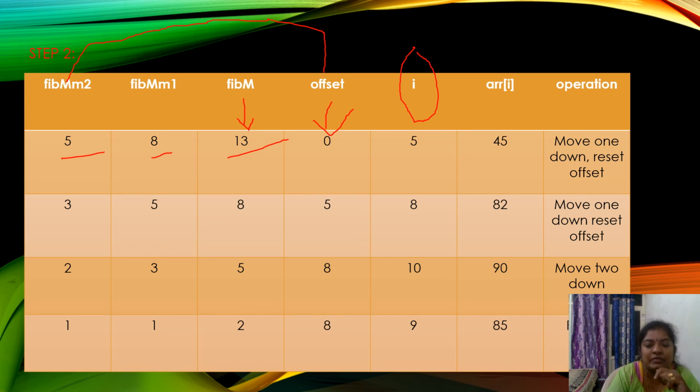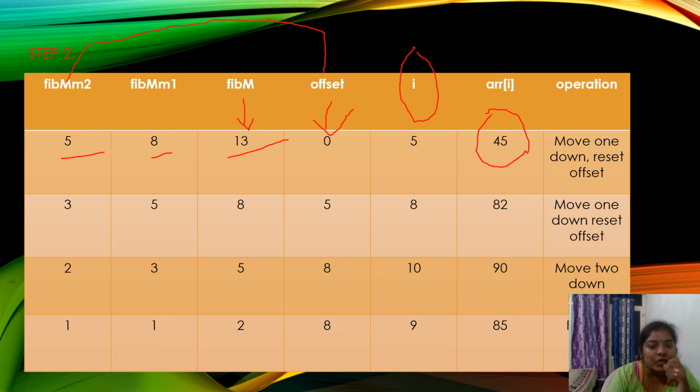What is the minimum value? 0 plus 5 is 5. So the minimum of 5 comma 11 is 5. What is the corresponding element at that fifth index? That element is 45.